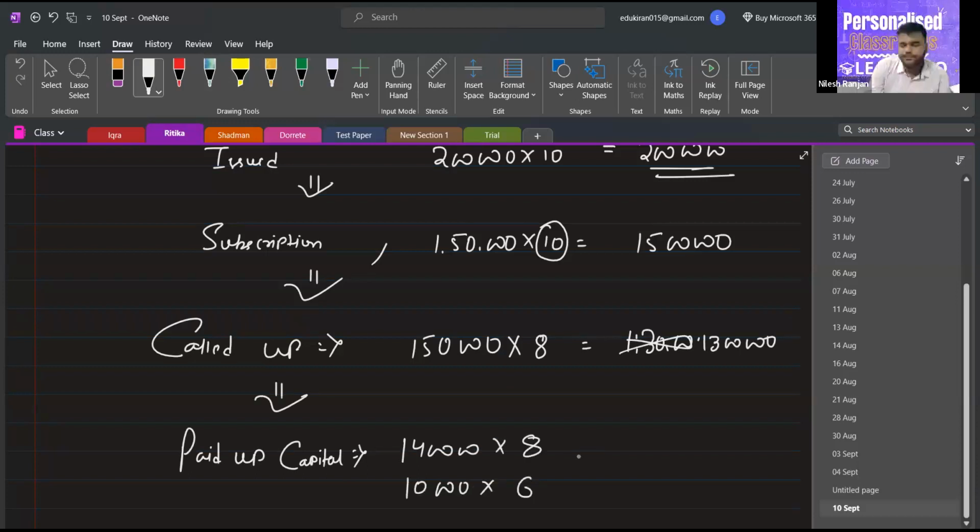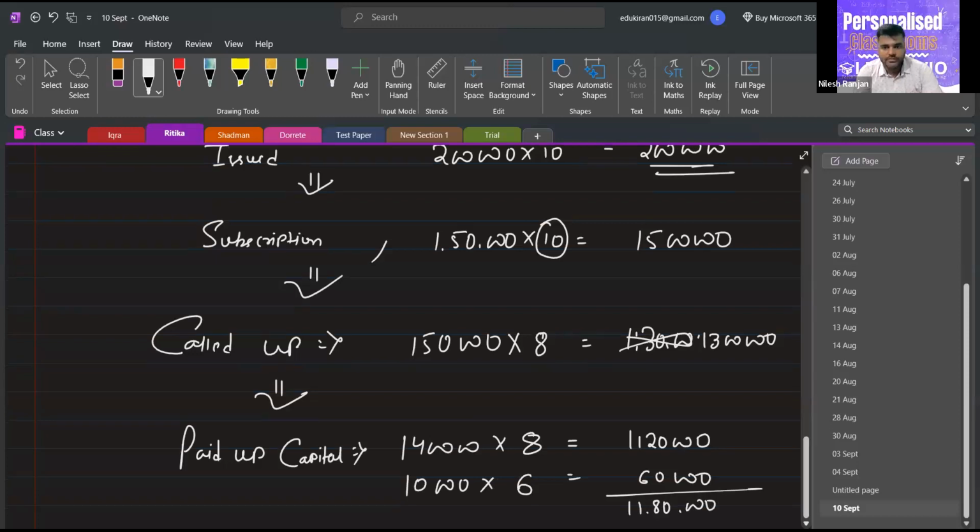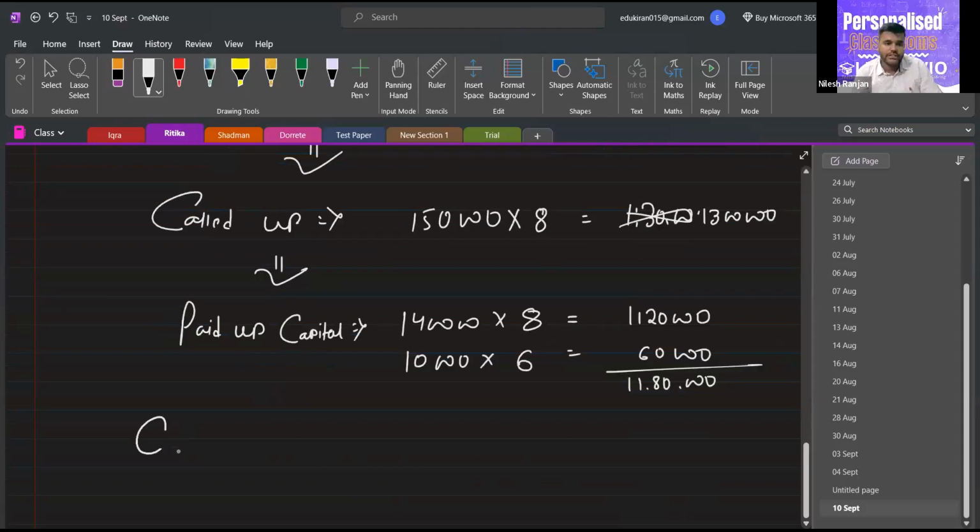So what will it be? 11,20,000 and 60,000. So total amount we received is 11,80,000.